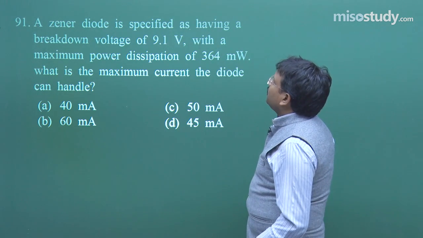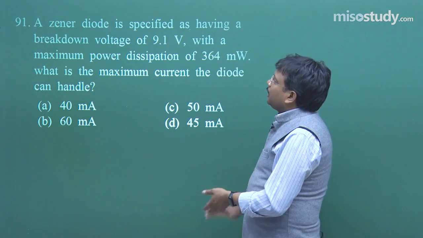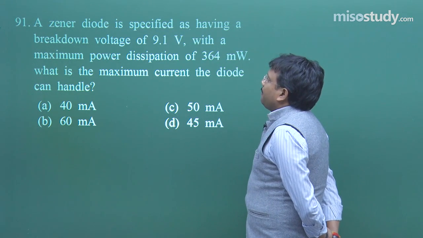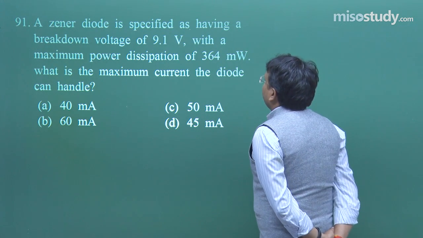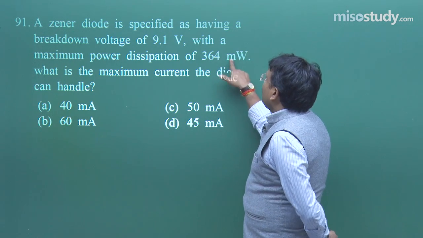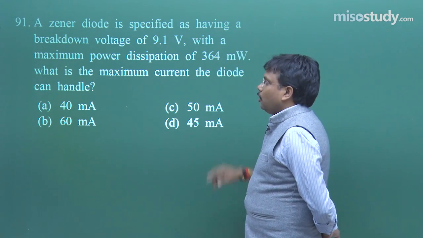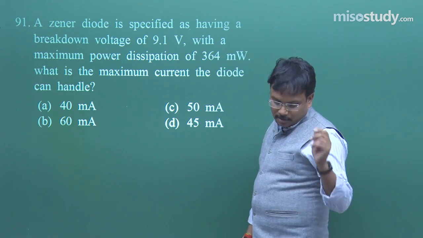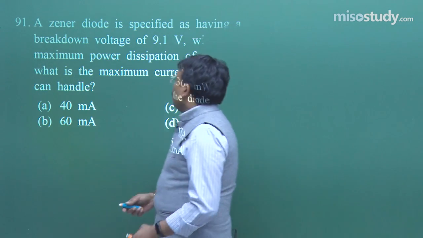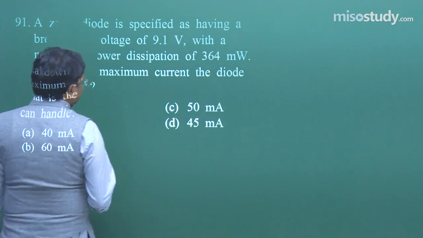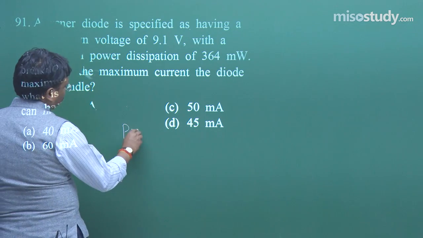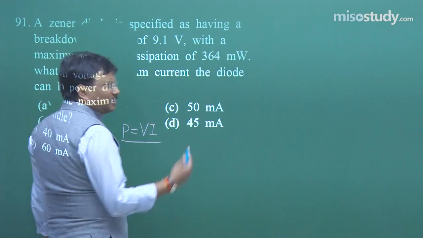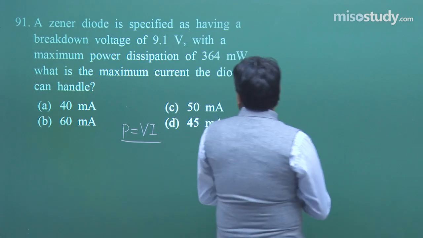A zener diode is specified as having a breakdown voltage of 9.1 volt with a maximum power dissipation of 364 milliwatt, 10 to the power minus 3 watt. What is the maximum current the diode can handle? Okay. We have a relation from class 10th onwards, fine.